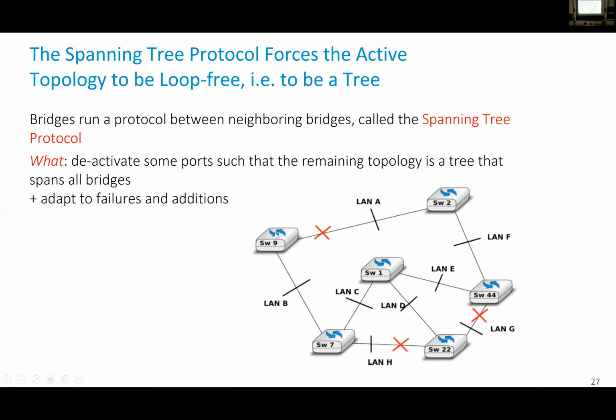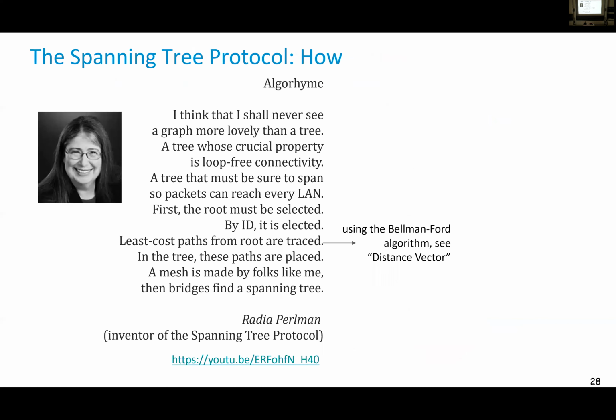In fact, we require that bridges run some software to prevent loops from happening. And this is called the spanning tree protocol. So all bridges must run the spanning tree protocol, which will have the effect, for example on this network, of disabling 3 of the ports to prevent all loops from happening.